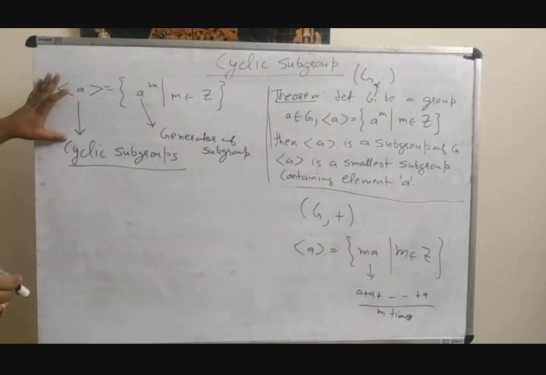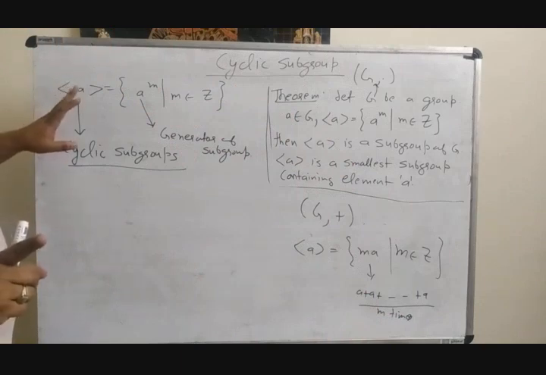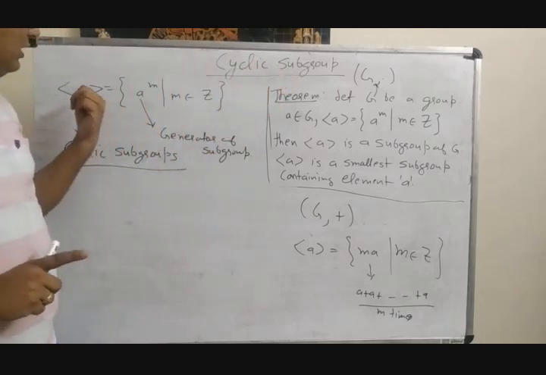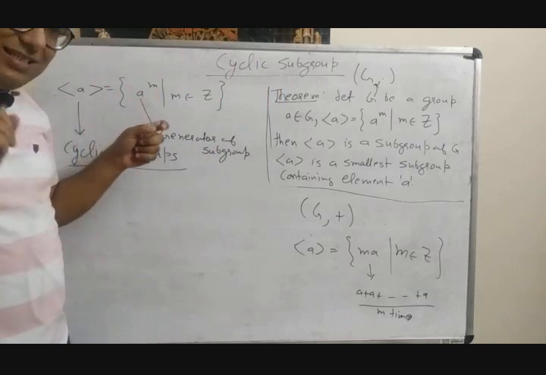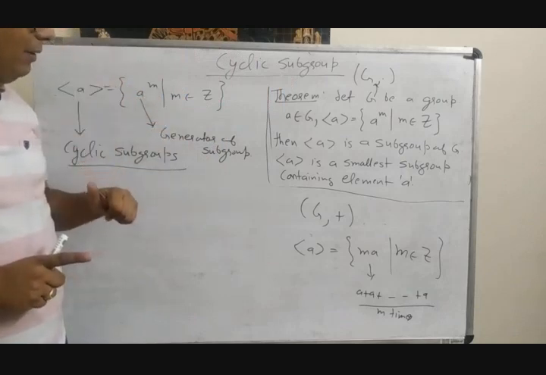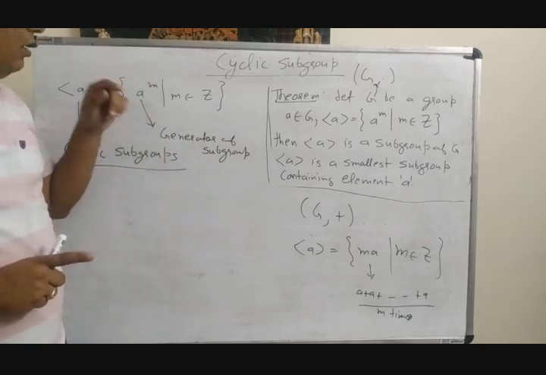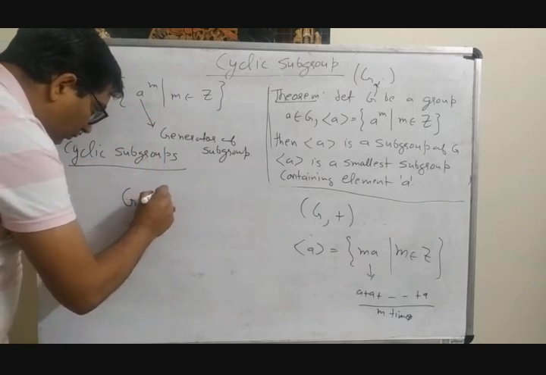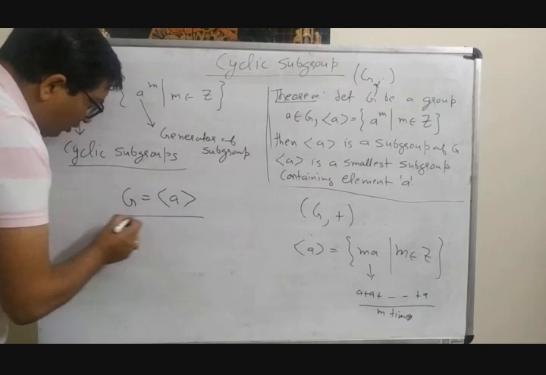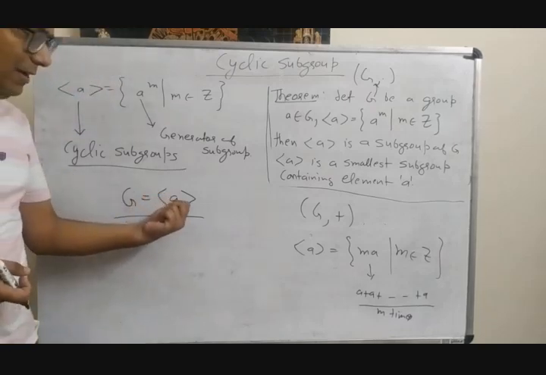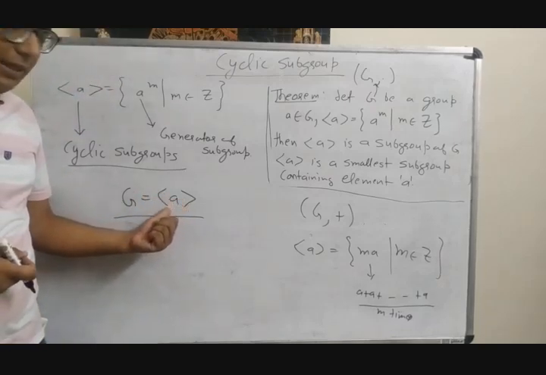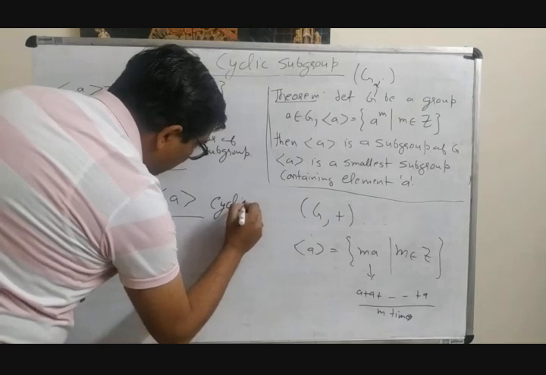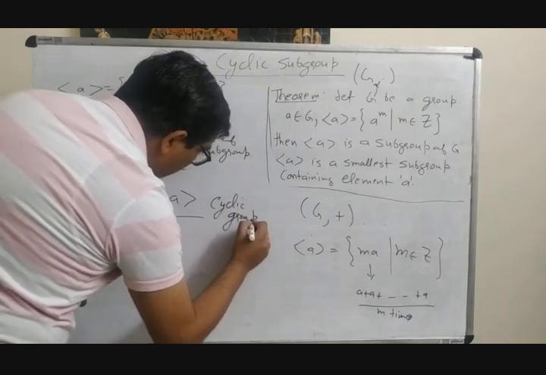So now we give the definition of the cyclic subgroup. Cyclic subgroups are the subgroups which are generated by a single element. That element is named the generator of that particular subgroup. And if somehow we get a group which is generated by a single element, then we say that group is a cyclic group.